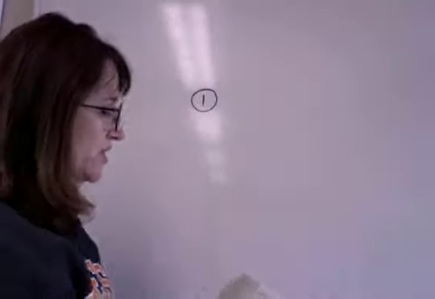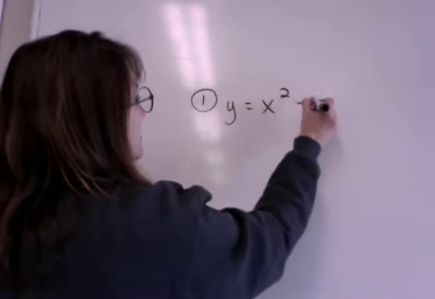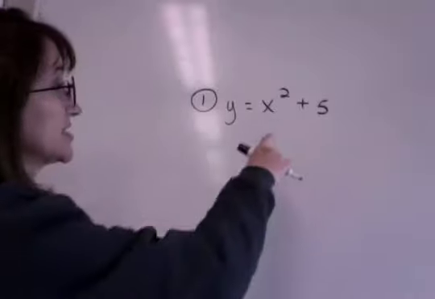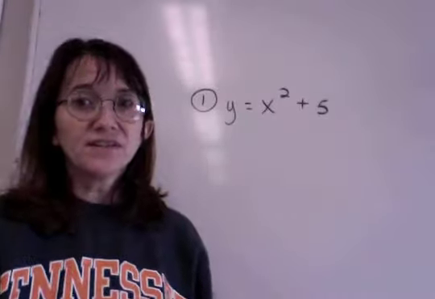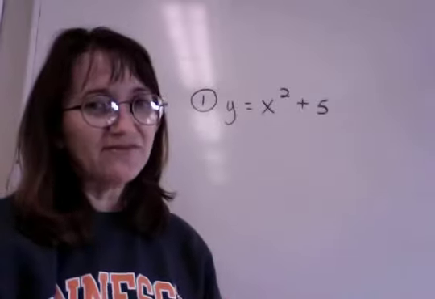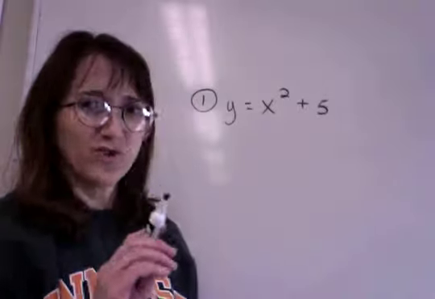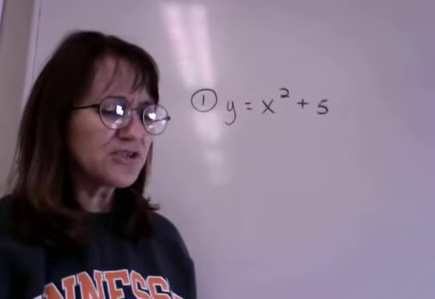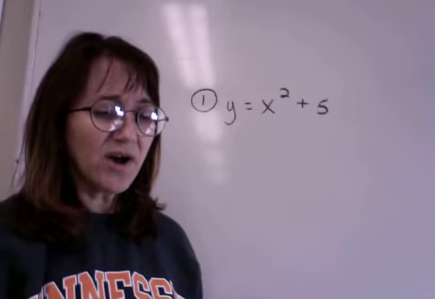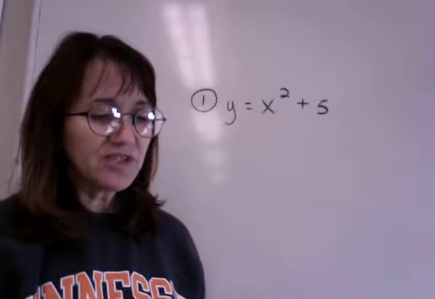So on number 1, it's y equals x squared plus 5. What can I tell from this already? If I look at this, that's telling me, hey, it's squared. That's telling me it's a parabola. That's the shape I'm going to graph. If we read the instructions, it says describe the translations of the graph of y equals x squared or y equals x cubed that produce the graph of each function.